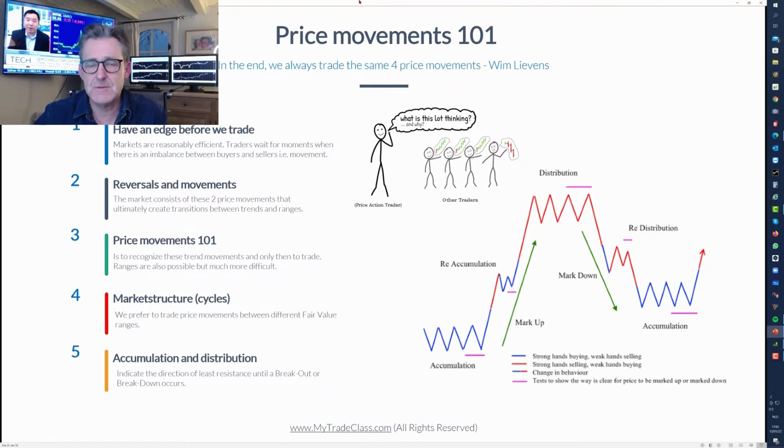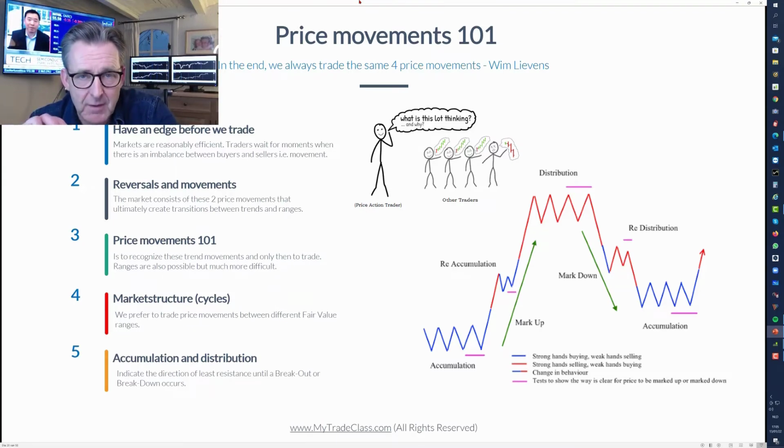The price movement, okay. We want an edge. We look at the market reversals. We look at movements. We look at market structure. We look at accumulation distribution. We look at control price. We look at, anyway, there's a whole checklist which we can discuss during the coaching session, which at the end should just answer this question: hey, should I be trading now, or doesn't look very interesting at the moment, so stay away.